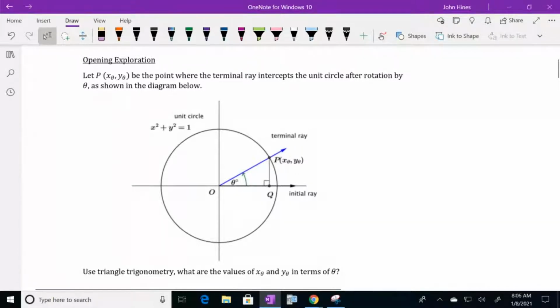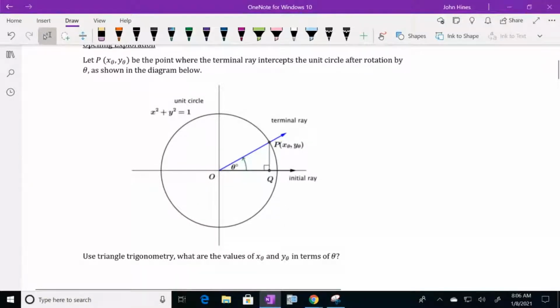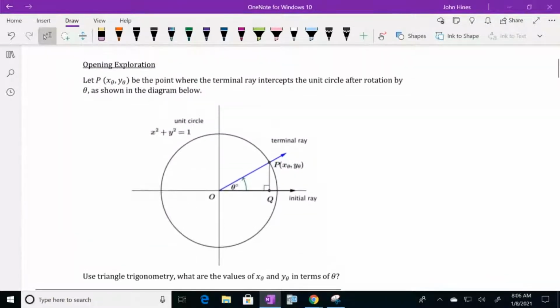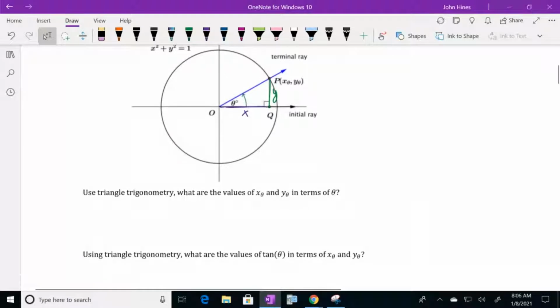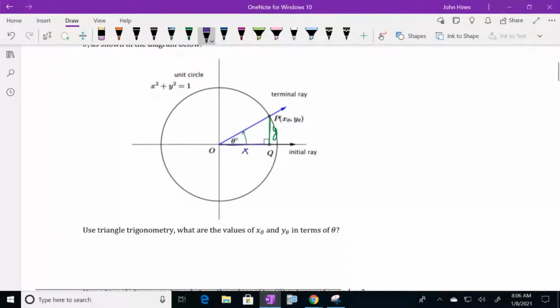So here I have a unit circle with a triangle drawn in it. I have a quadrant 1 angle drawn here with my triangle. So here I have my x value, and here I have my y value, right? So with respect to the values of x and y, where are sine and cosine? So what does x equal?